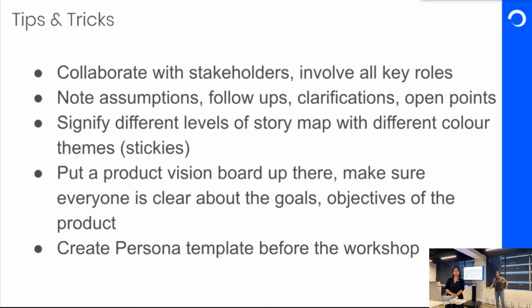So we've been constantly talking about how you use your user journey. Some tips and tricks that we have done in the past to create a user journey which is much more holistic is involving all key roles and all the stakeholders. We try to involve the marketing team, the business owner, whoever is our sponsor who thinks that we need to build this e-commerce platform.